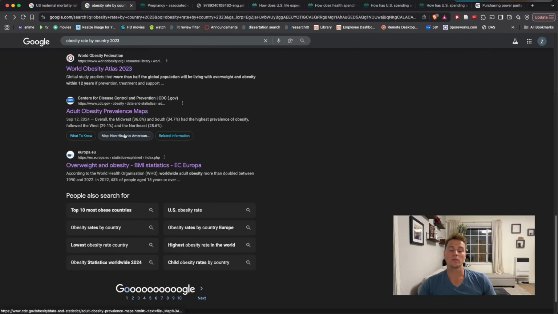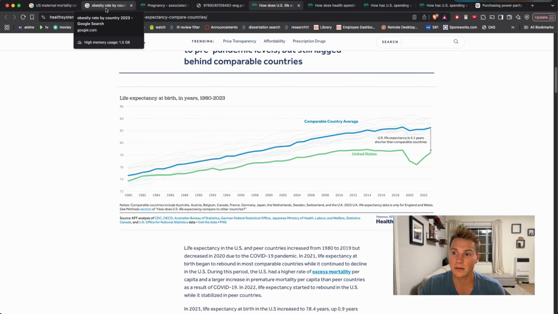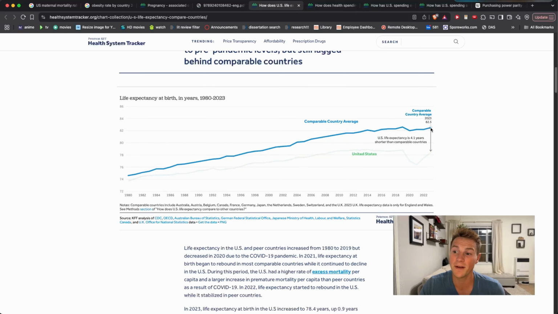Anyways, long story short, obesity is not the main reason that the United States healthcare costs so much. We're being ripped off. We're spending more than any other country. And we're dying. Look at that. 78.4 versus 82.5. 4.1 years from every United States resident is being lost.